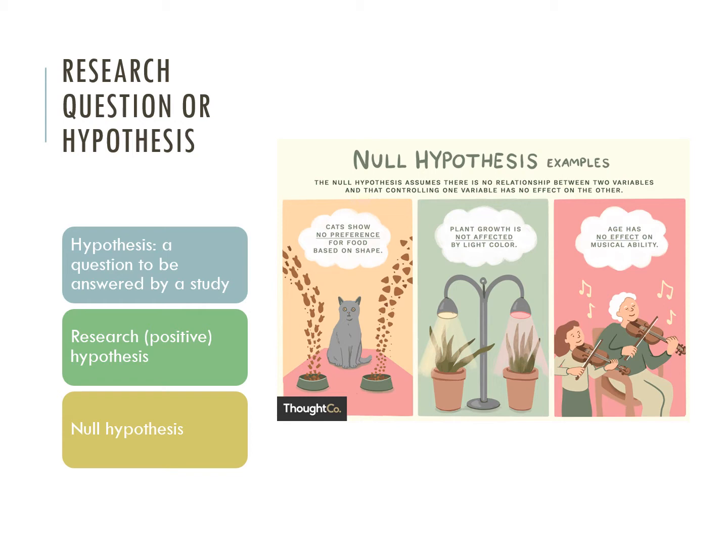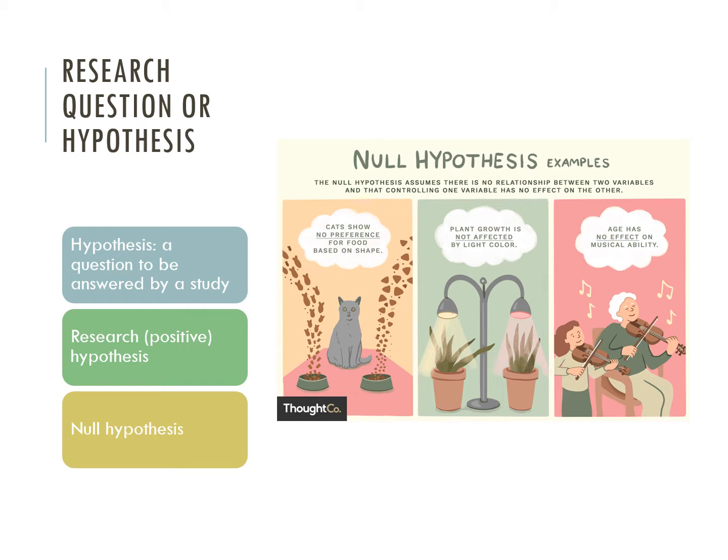So in this scenario, the null hypothesis is that cats show no preference for food based on shape. Our research hypothesis, or positive hypothesis, would be that cats prefer the shape of fish-shaped food over triangular-shaped food, right? The next one is that plant growth is not affected by light color.